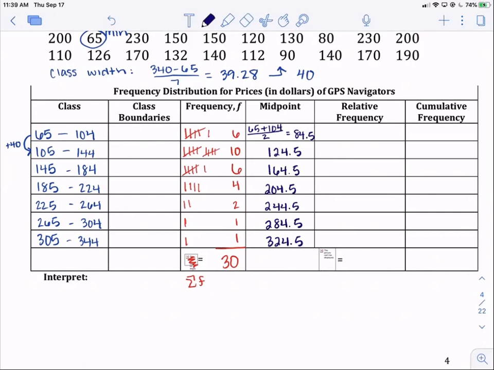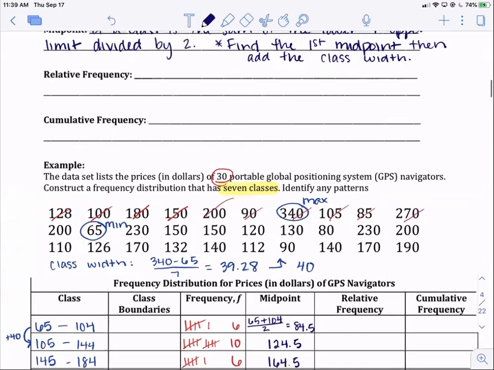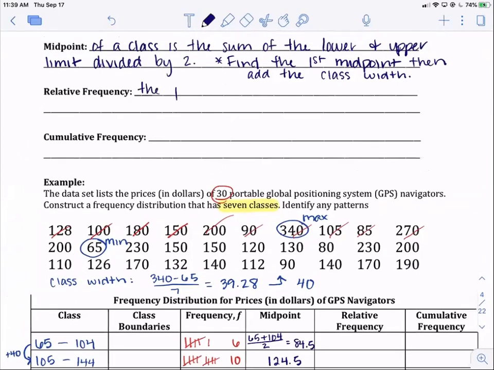Okay, relative frequency is the portion of the data that falls in each class.